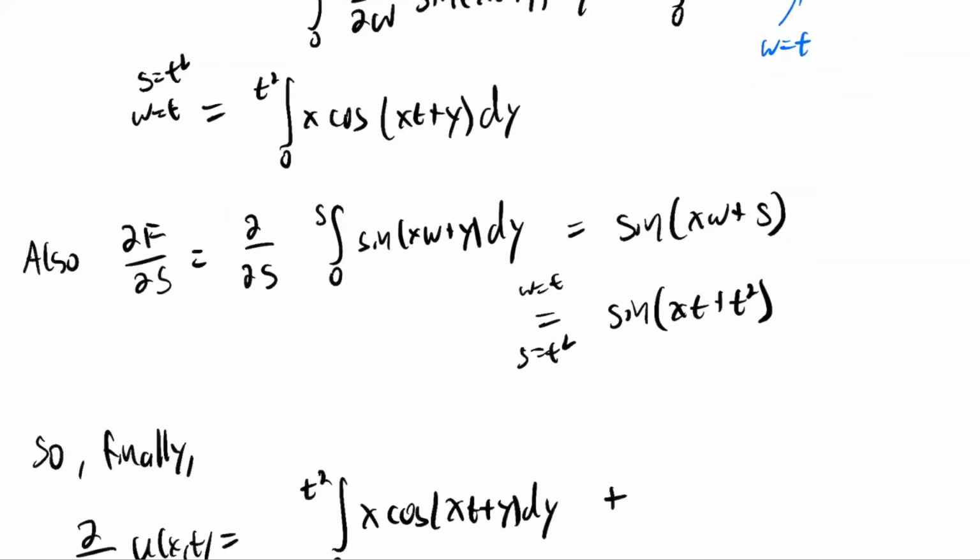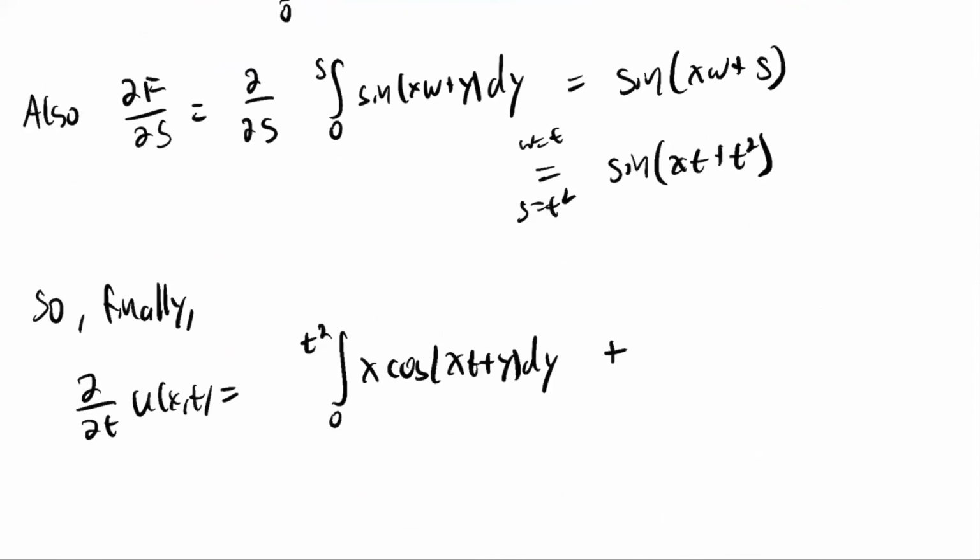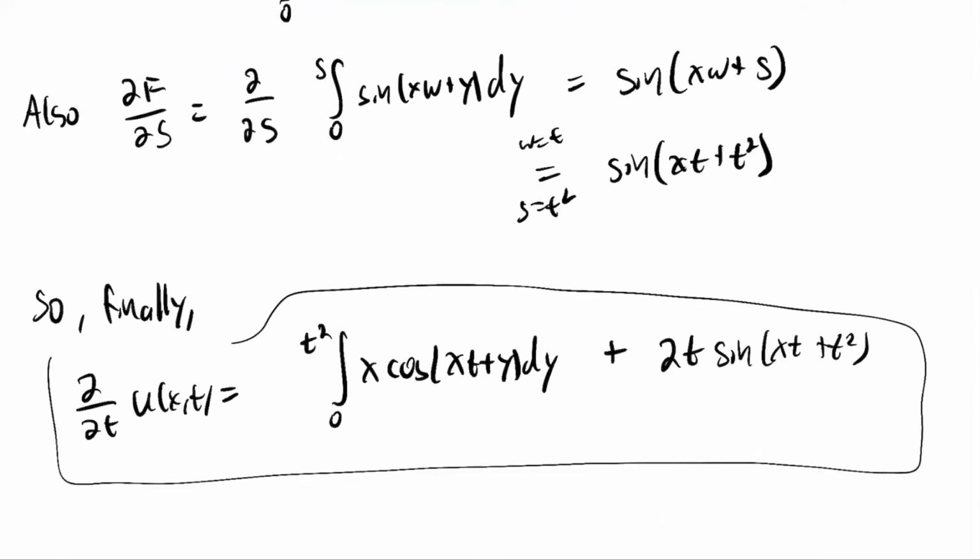So that's going to be 2t times what we just got in the previous calculation, so 2t sine of xt plus t squared. This is much more complicated than the first case, and unfortunately, you have to do this calculation every time you have a function of this form that you're trying to find the derivative of.